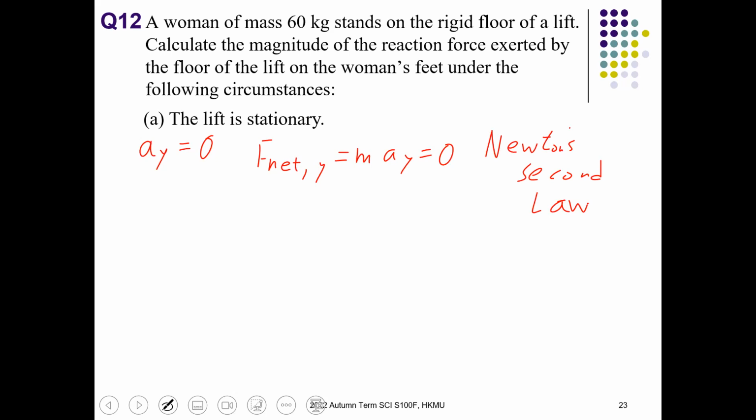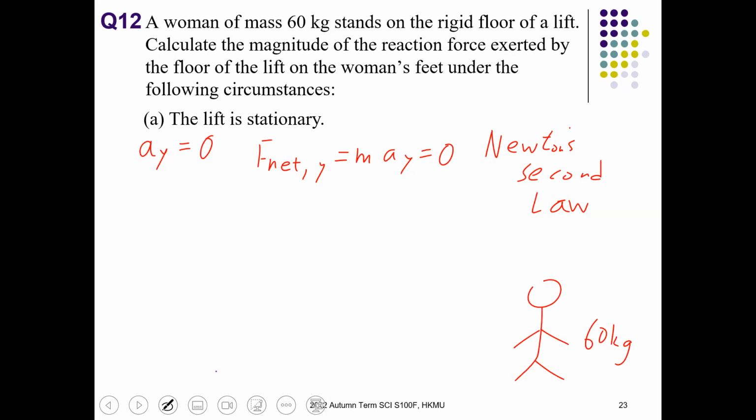This is 0 if the lift is at rest. Since we need to consider the net force, we need to define all the forces acting on the woman. In this case, we need to draw the free body diagram. The free body diagram specifies all the forces acting on the body. So this is 60 kg.